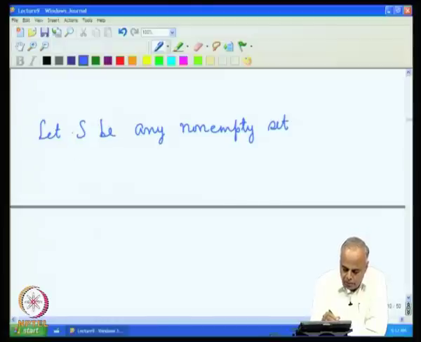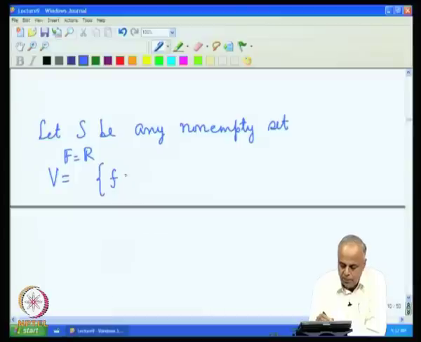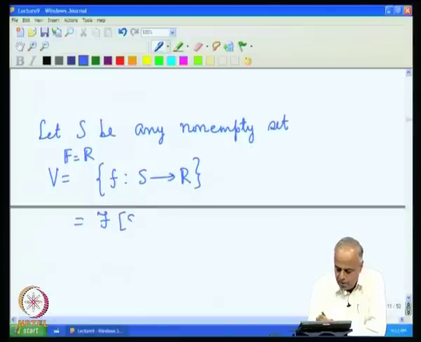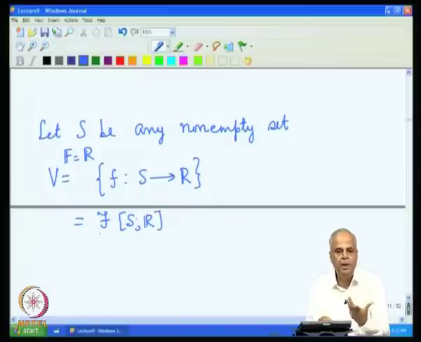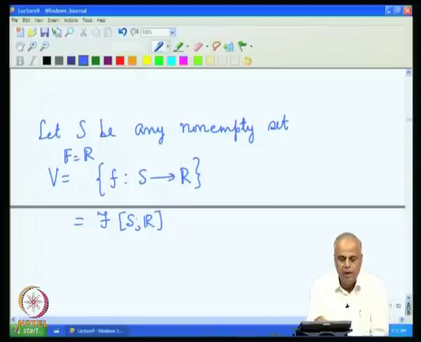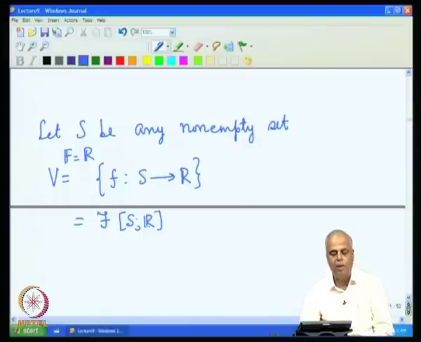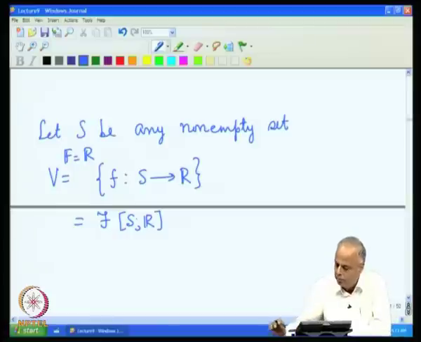Let us take the field F to start with as the real numbers, and let us take V to be the set of all functions which map S to R. We will denote this by F(S,R). So, this is the collection of all functions from S to R.